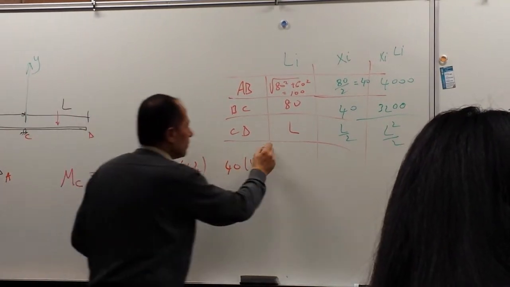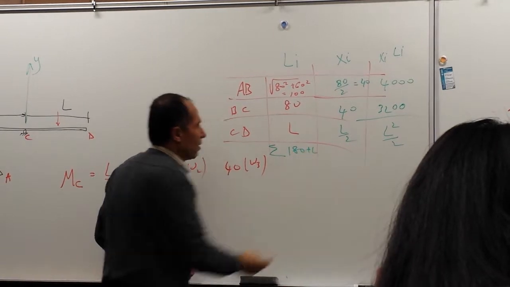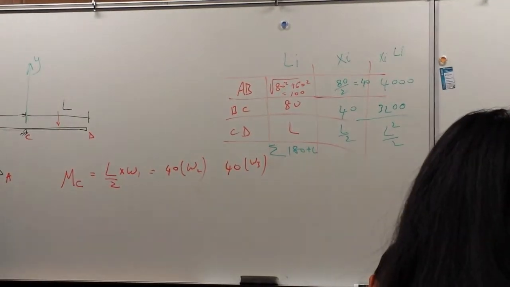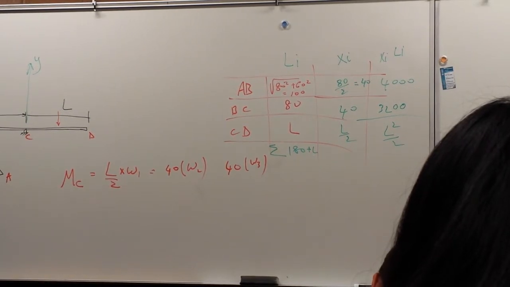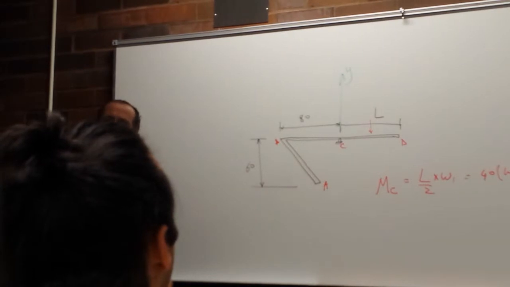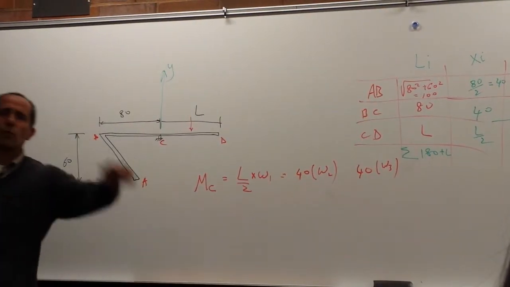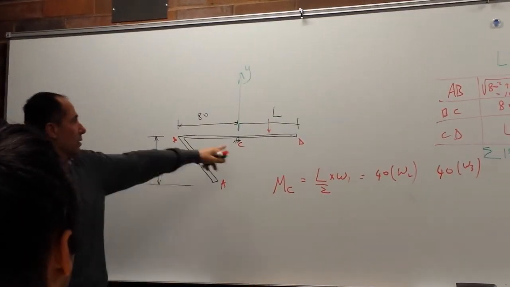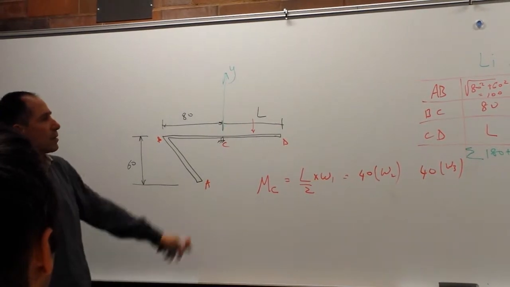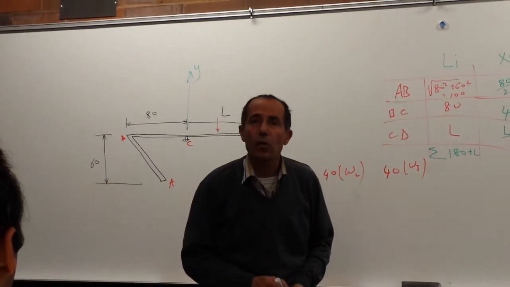Total here is 180 plus L. What do you want to do in this case? You want the center of gravity to hit on C. You don't want to be heavier than the other, correct? So all you need is center of gravity equal 0.